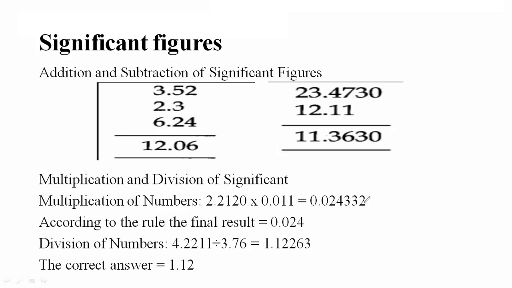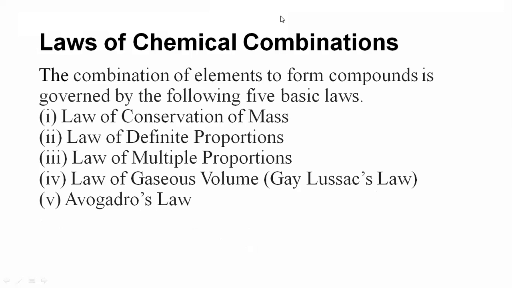This 2, I will keep as it is. This 3, I will keep as it is. So it will be 0.024. The final result has 3 digits after the decimal point. Division is similar, the same concept. So these are the concepts regarding significant figures, in addition, subtraction, multiplication and division.